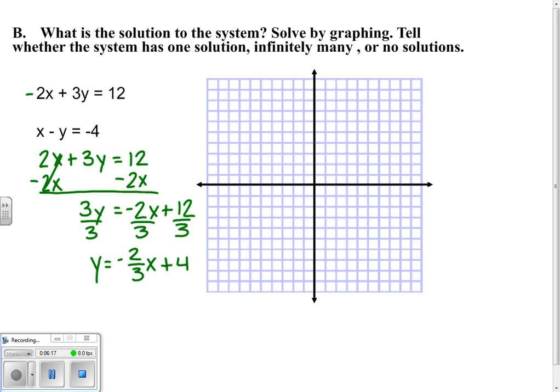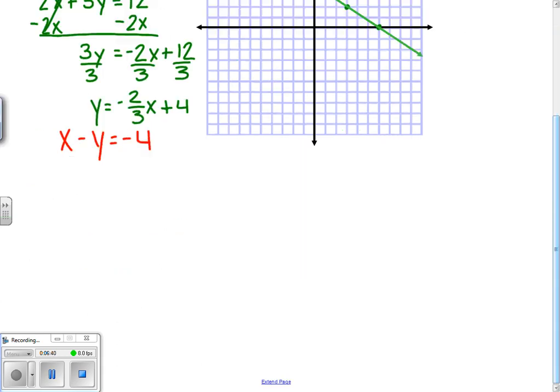That is a graph that crosses at positive 4 and goes down 2 to the right 3 a couple of times. And then draw in a line. I'll do the second equation in red. x minus y equals negative 4. I'm going to start by subtracting x from both sides.